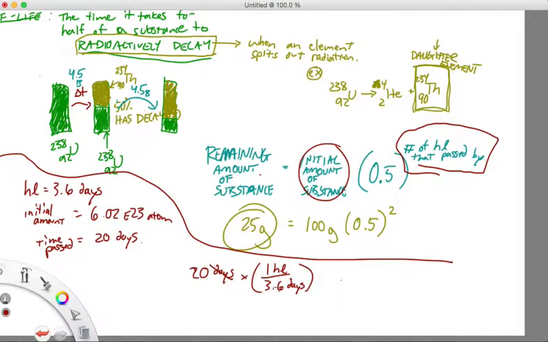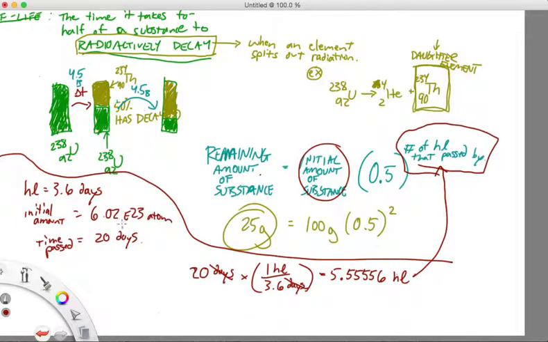So we cross off our days, and 20 divided by 3.6 is 5.55556. So that's the number of half-lives. Great. Now we can plug this in.